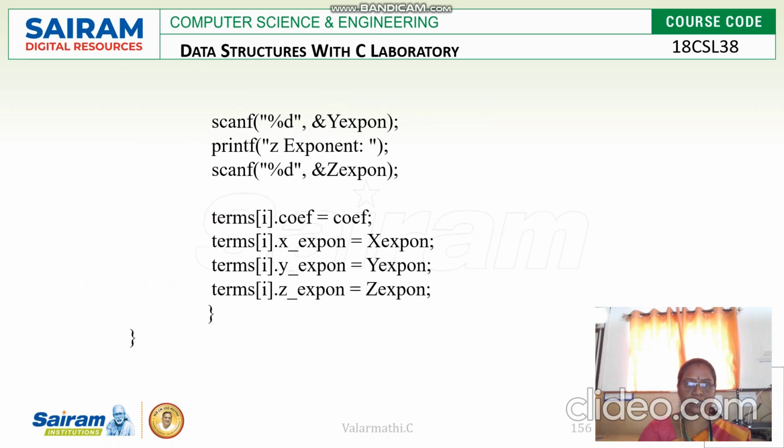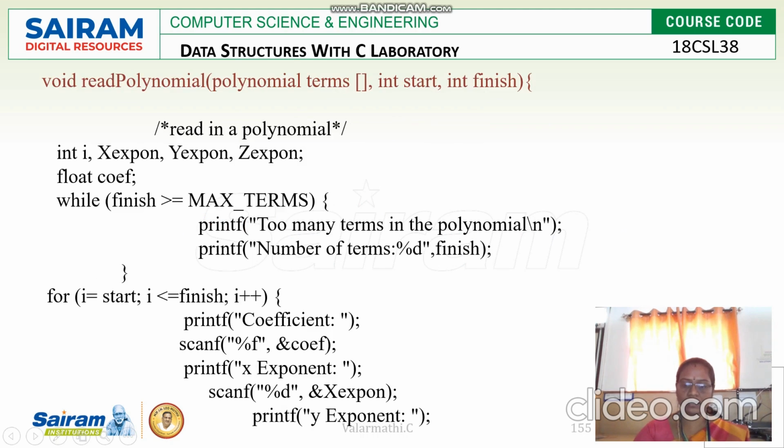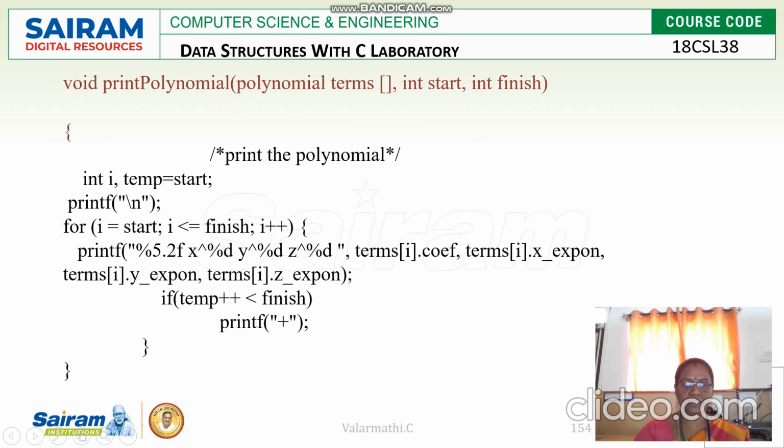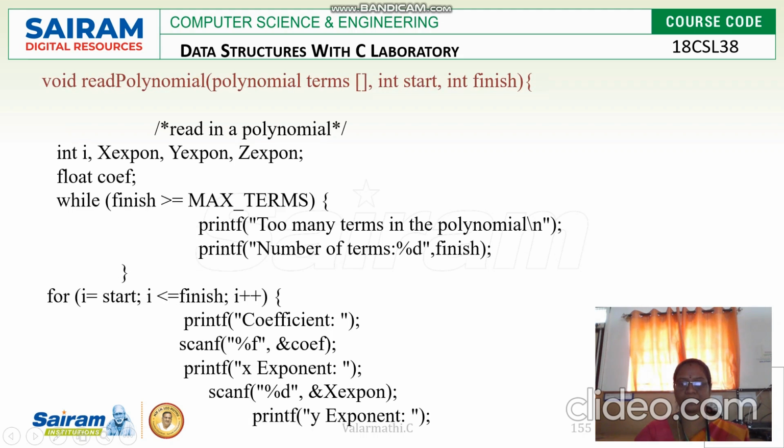So this is print polynomial. In order to display our polynomial in this format, we have the format 5.2f of x, exponent symbol, then percentage d of y, exponent symbol, like that we are making the printf statement. So this is for printing our data as polynomial equations.